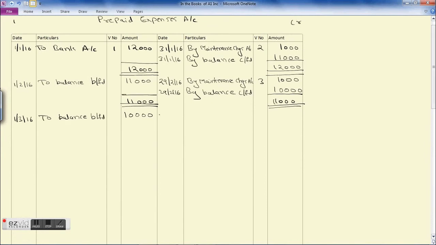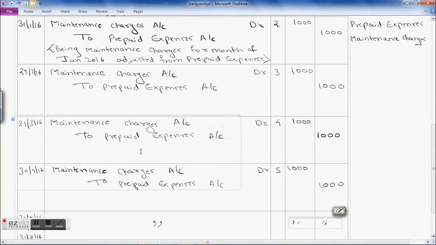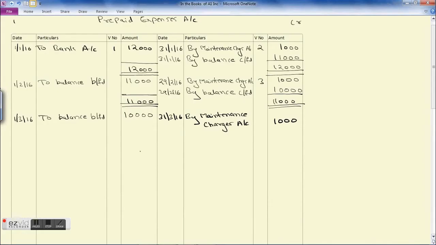Okay. Prepaid expenses account credit side on 31st March 2016 by maintenance charges account. How much is the amount? 1,000. Again, the next entry is on 30th April 2016, so we'll close the books for March.